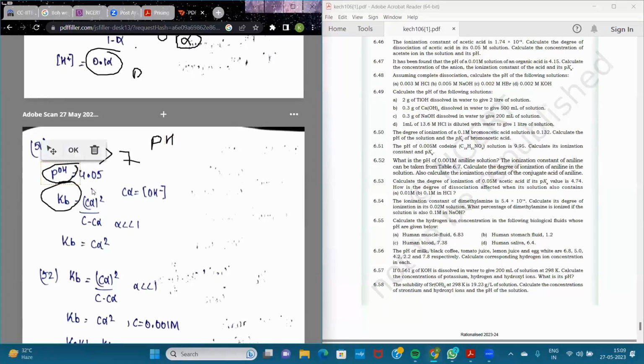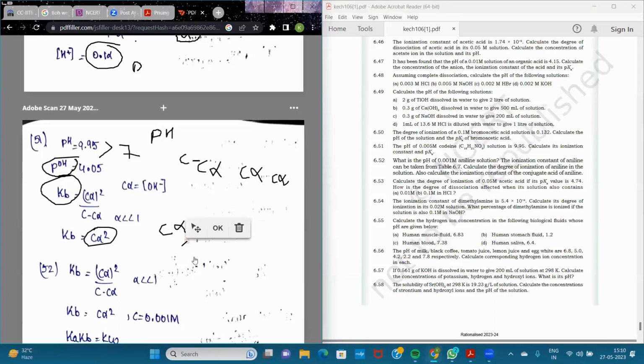From this, we get to know about the concentration of OH minus. From the equation, we get the concentration of OH minus as C alpha, and Kb as C alpha whole square by C. So Kb is C alpha square. We know the value of C alpha as well as the concentration C, it's 0.05.